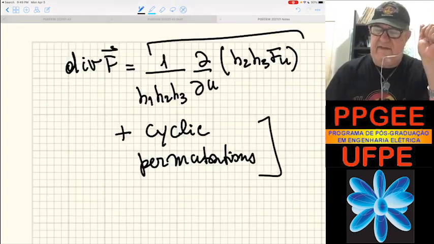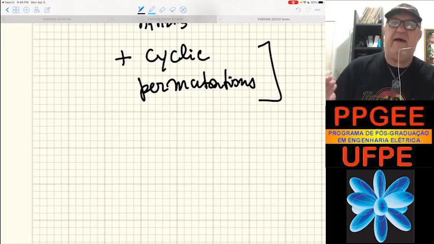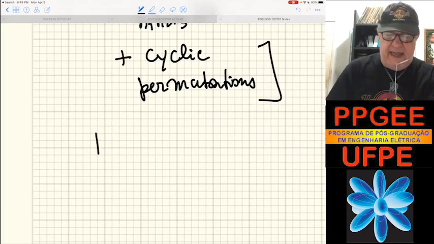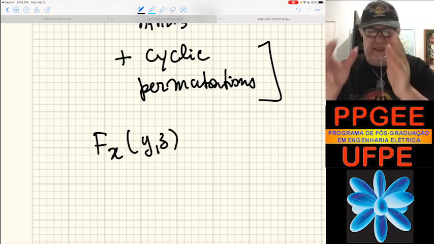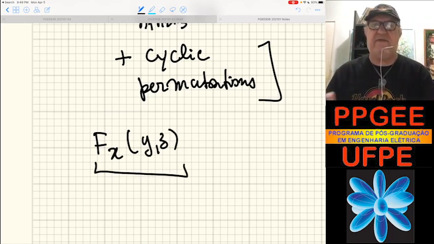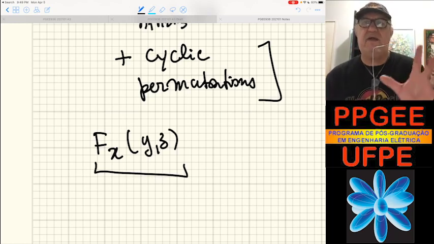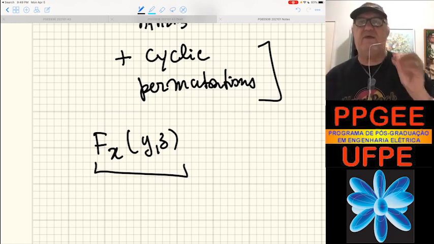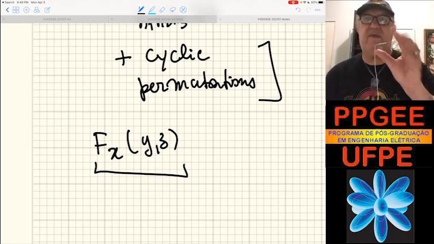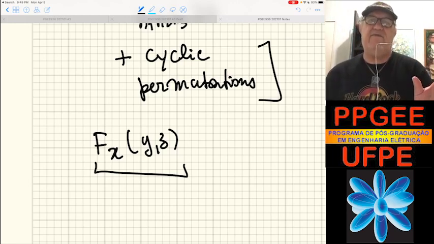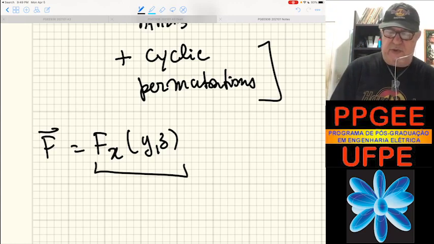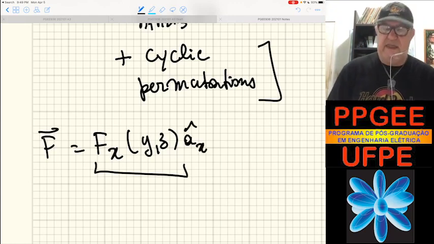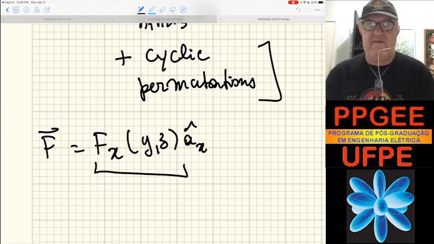So for instance, if I have a field whose x component only depends on y and z, this component is not going to give any contribution to the divergence. If the field was just that one, I would assure you that this field doesn't have any divergence.